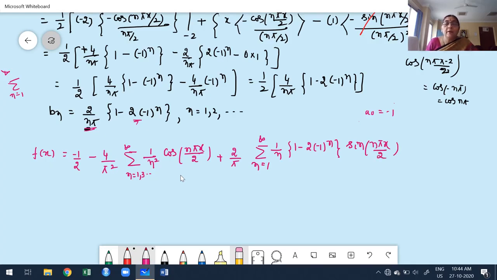This is nothing but actually the required Fourier series for the given function over the interval minus 2 comma plus 2.